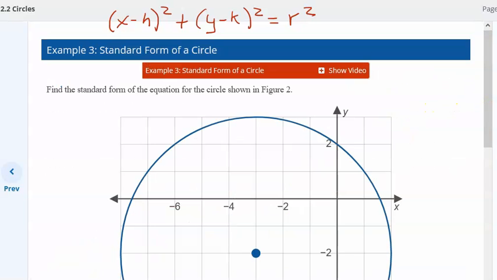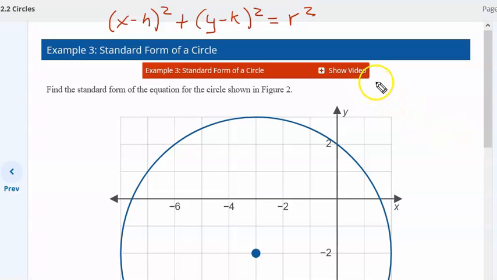Now in example 3, we're taking a look at a circle and we're asked to write what we see in standard form of a circle. So let's do some brainstorming and see what we come up with.